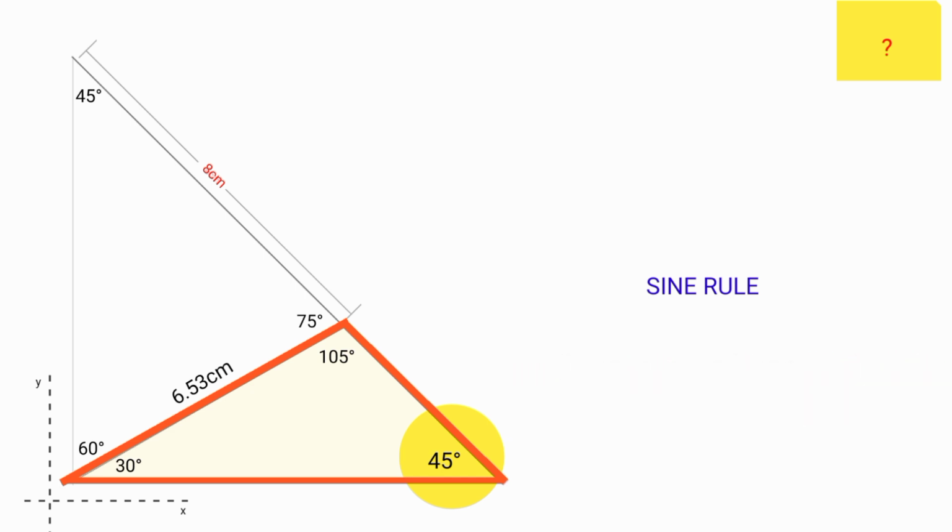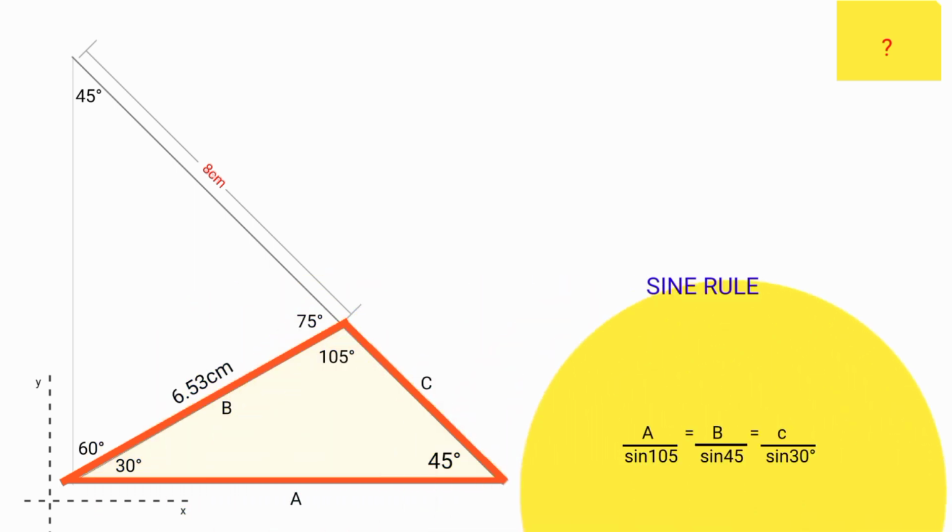So now, since we have the sizes of the angles, we can apply the sine rule to find the length of this side here. Let's label the sides A, B, and C. Applying the sine rule, A over sine 105 degrees equals B over sine 45 degrees, which equals C over sine 60 degrees. But B is 6.53 centimeters.